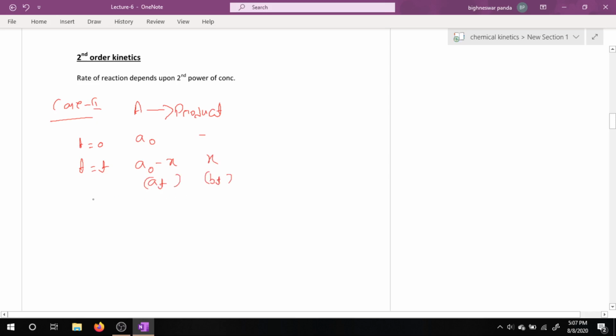Since the reaction is second order, I can write here r is equal to k into a power 2, or rate is equal to minus dA by dt.